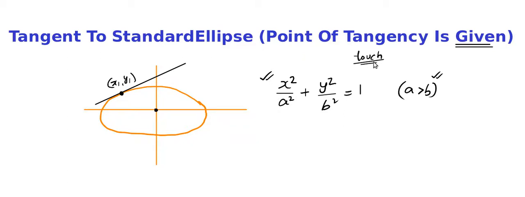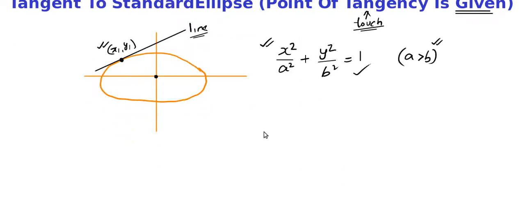Do you remember, tangent means it is a line, a line which touches the curve. So the point of touch, the point of tangency, we assume to be x1, y1. I hope you understood the description, the equation, the point of touch, and we remembered the tangent is a line.